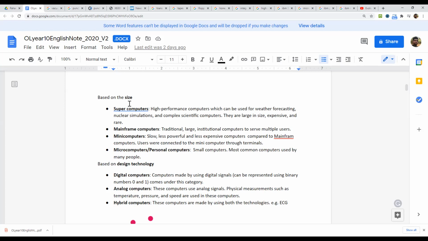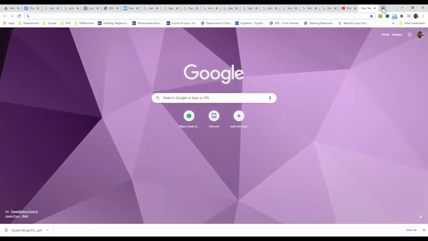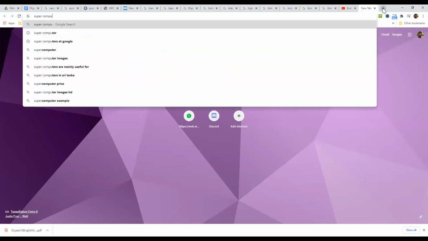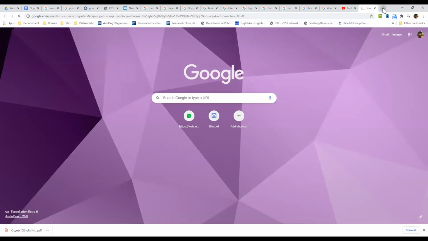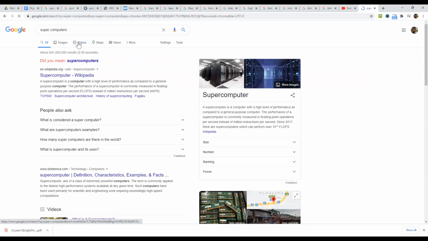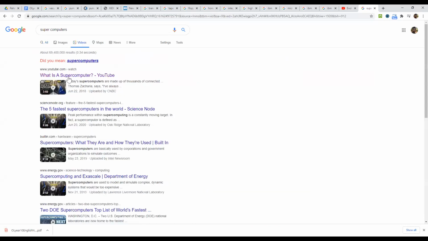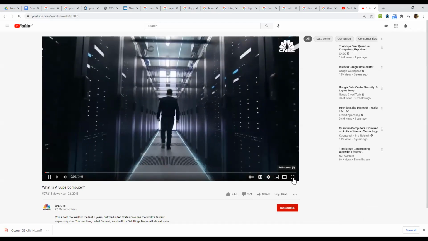Microcomputers means what we use in day-to-day life nowadays, like personal computers, the most common computers. So these are based on the size. Now let me show you a couple of things, like supercomputers. If you ask me what it is, let's have a small video on this one.